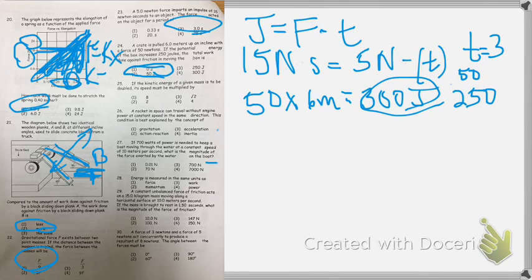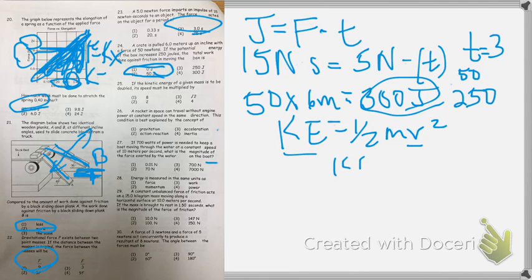If the kinetic energy of a mass is to be doubled, its speed must be multiplied by. So again, you guys got to understand relationships. 1/2 mv squared. The relationship between kinetic energy and velocity is KE is proportional to v squared. So if you double your velocity, you're going to get 4 times the KE.